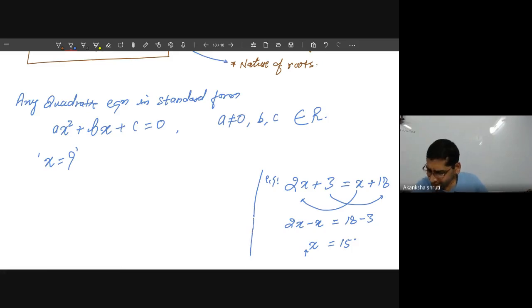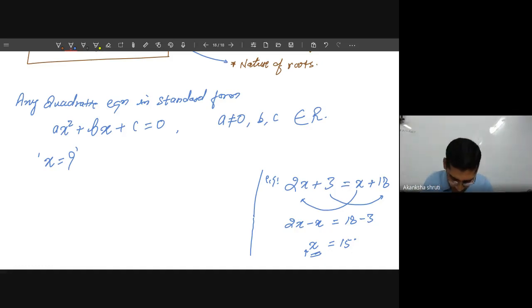So what was the purpose? The purpose was to bring all the x at only one point. While bringing all the x to one point, the other things will be on the other side, and that will give the value of x.